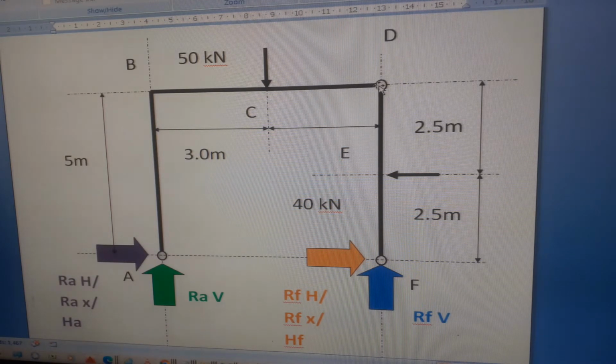The sum of all the forces on the left hand side must equal 0, and the sum of all the forces on the right hand side must equal 0. So we can do this individually on the left hand side and then the right hand side, and then check. If we find it is 0 on each side, then if we take both sides, it should still be 0.